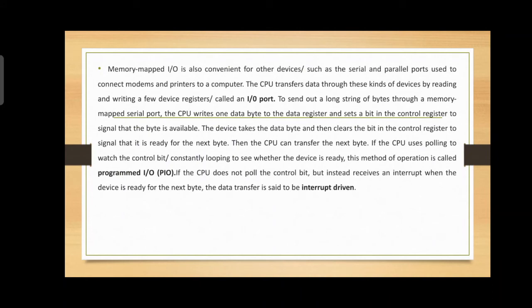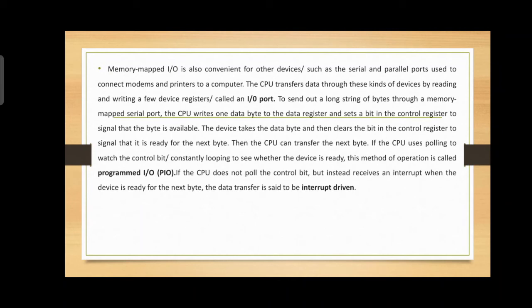Memory-mapped I/O is also convenient for other devices, such as the serial and parallel ports used to connect modems and printers to a computer. The CPU transfers data through these kinds of devices by reading and writing a few device registers called an I/O port.